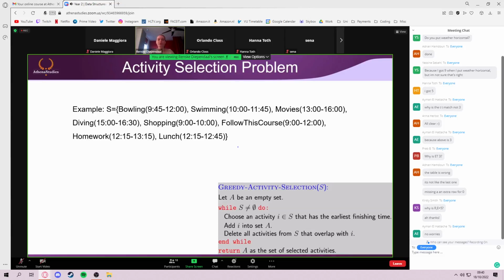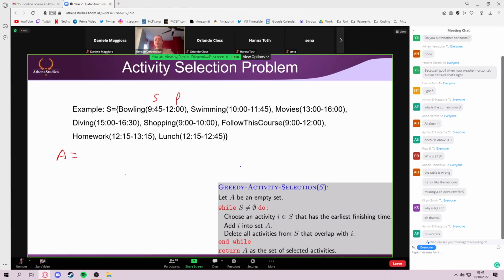So let's see how this works. So we have an example over here. So let's say we have this set of activities, and these are the start times and the finish times. Okay. So these are our possible activities, and we also create just an A that's going to have the activities that we selected.